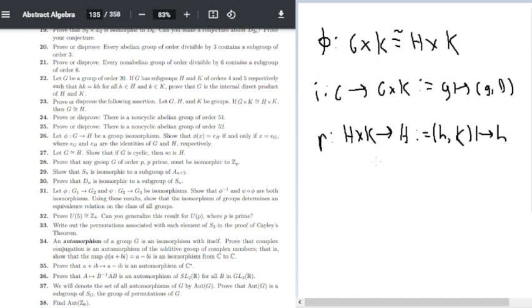Now the question is, is the composition an isomorphism?